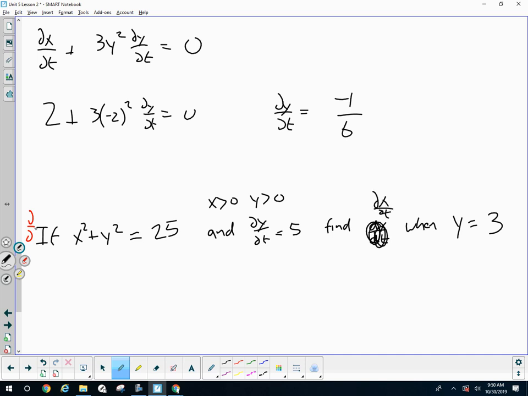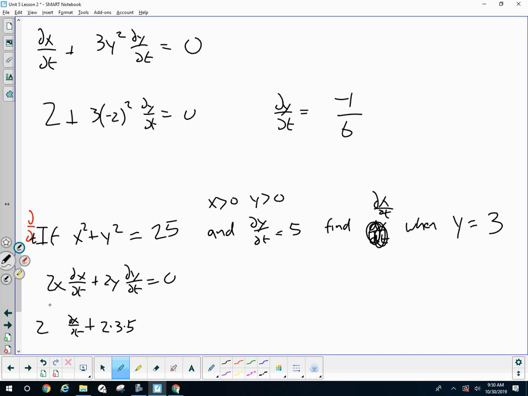Again, I need some expression with dx/dt, so I need to take the derivative with respect to t of x squared plus y squared. dy/dt is 5. So 2, this is a 5. y is 3. Trying to find dx/dt, sweet.